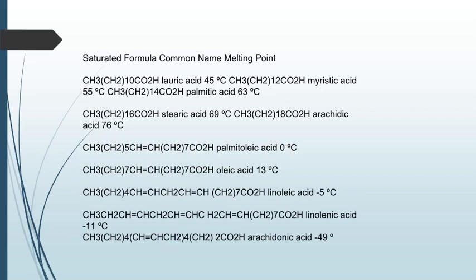Unsaturated: CH3(CH2)5CH=CH(CH2)7CO2H, palmitoleic acid, 0 degrees Celsius. CH3(CH2)7CH=CH(CH2)7CO2H, oleic acid, 13 degrees Celsius. CH3(CH2)4CH=CHCH2CH=CH(CH2)7CO2H, linoleic acid, minus 5 degrees Celsius.